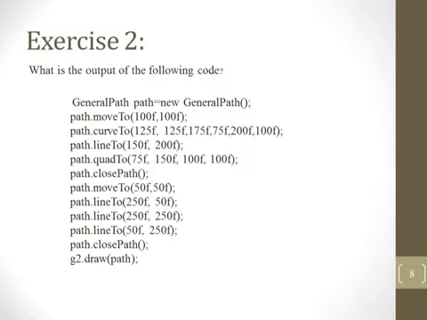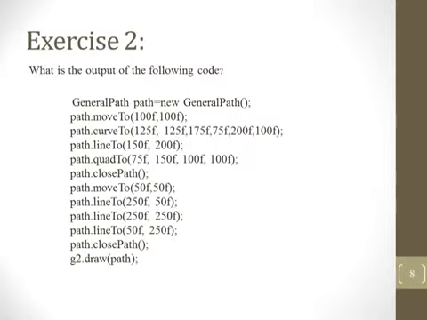Then from 200, 100 we make a line to the point 150, 200, then a quadTo curve with control point 75 to 100, 100, and then we close the path.